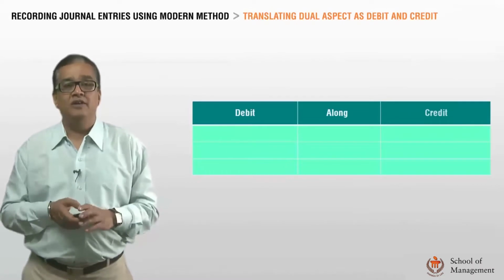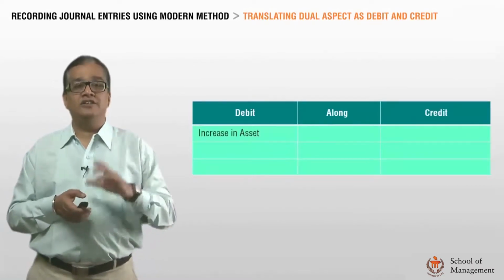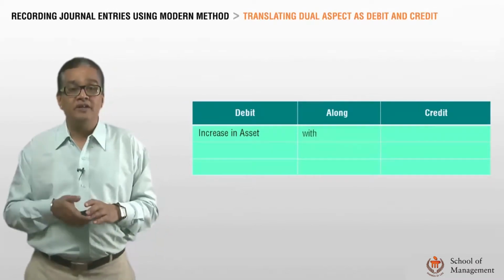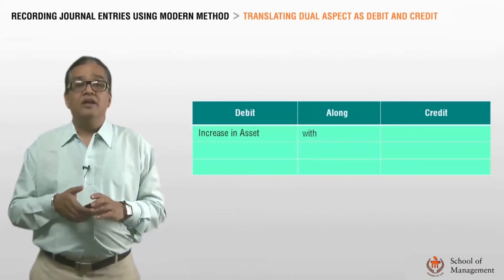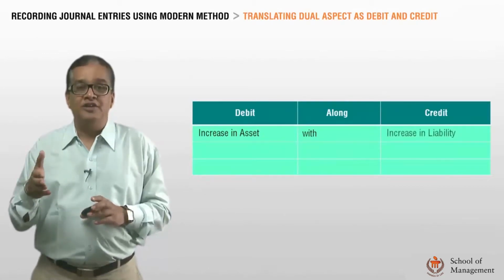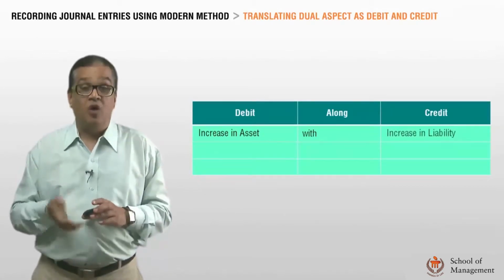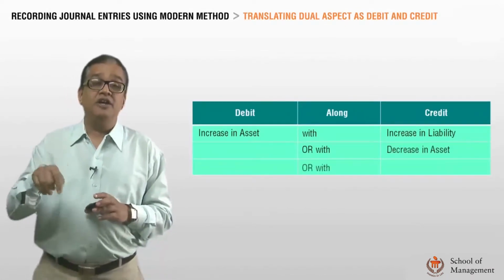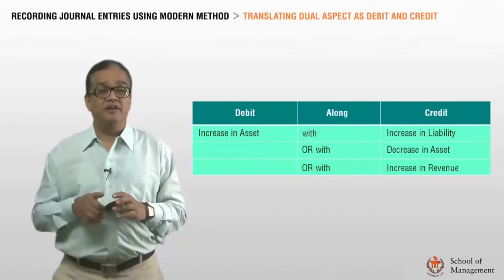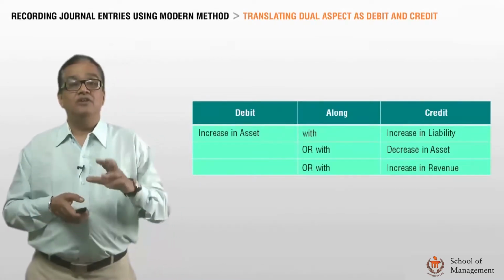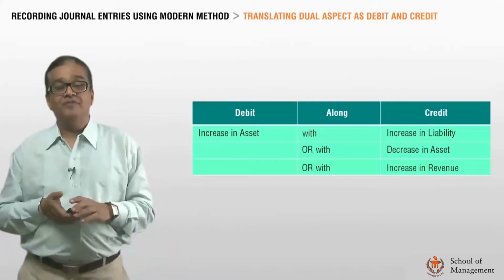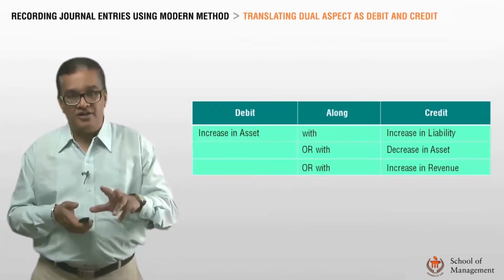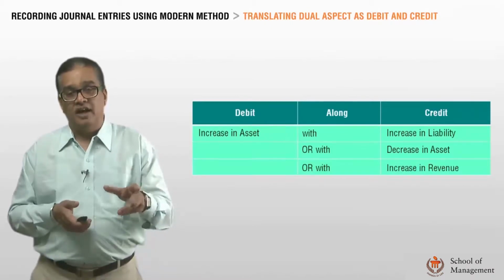In the table here, we see that an increase in asset can be considered as a debit along with an increase in liabilities which is a credit, or a decrease in asset which is a credit, or an increase in revenue which is a credit. The dual aspect is that there is always in a transaction a debit and a credit.